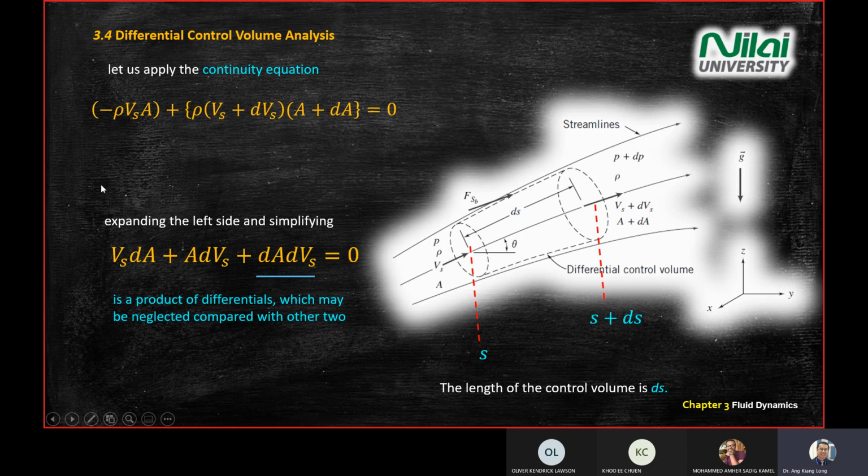Inside the equation, you'll see all the rho around, so you factor out the rho. At the end, you only see V dA plus A dV plus dA dV equals 0.